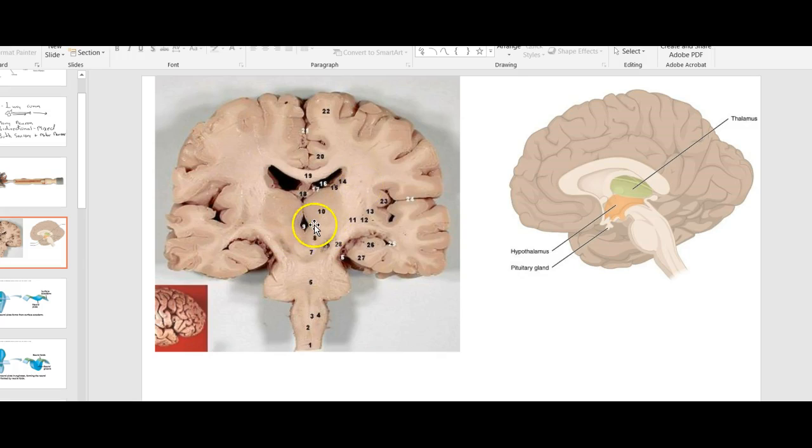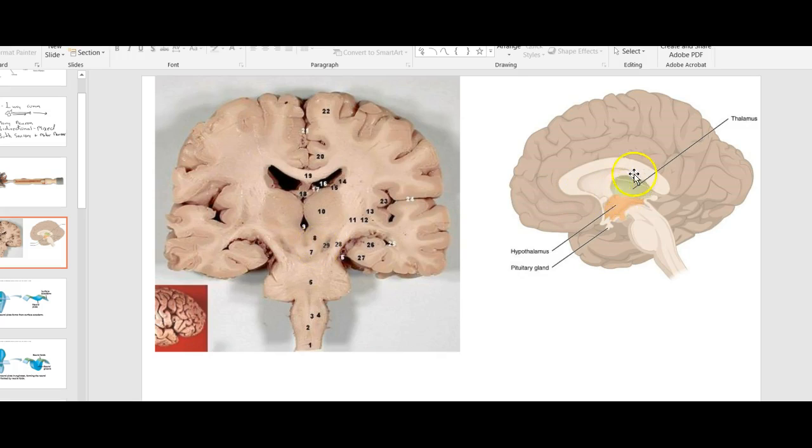And then this little thing right there, number 9, that is your third ventricle. And it's got this gray matter here on either side of it. Where it says 10, this circle of gray, that's the thalamus. And this 8 and 7 is hypothalamus. I don't know what the difference between 8 and 7 is, but 10 is definitely where the thalamus is, and down in here is hypothalamus.